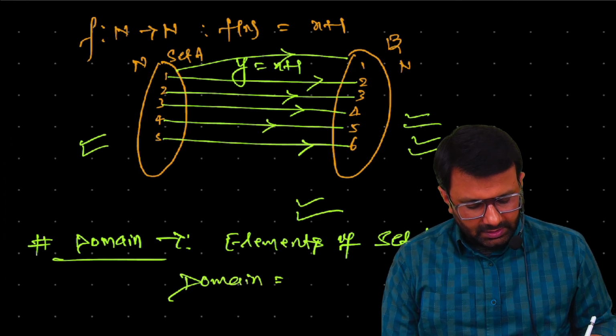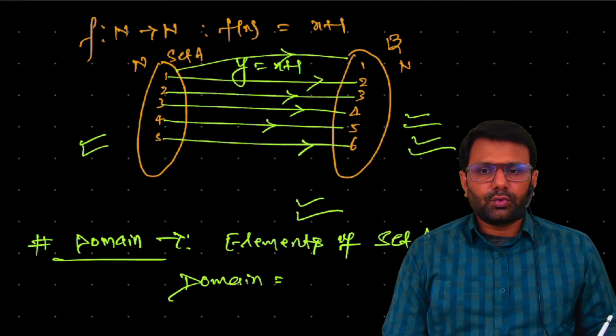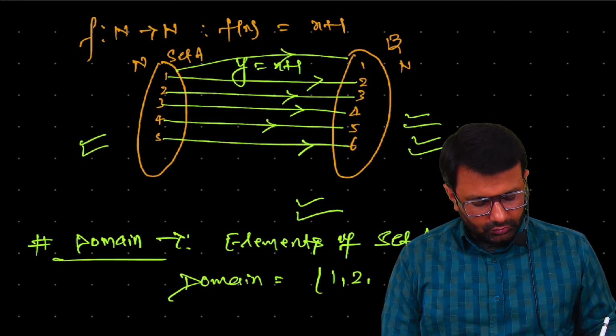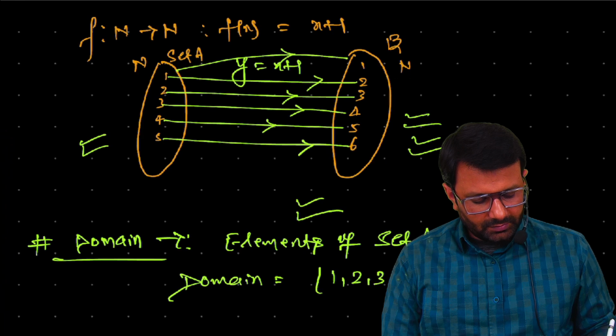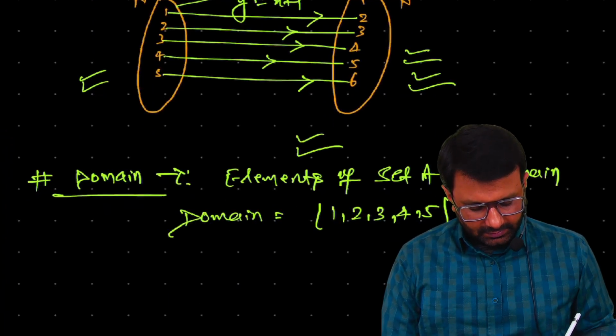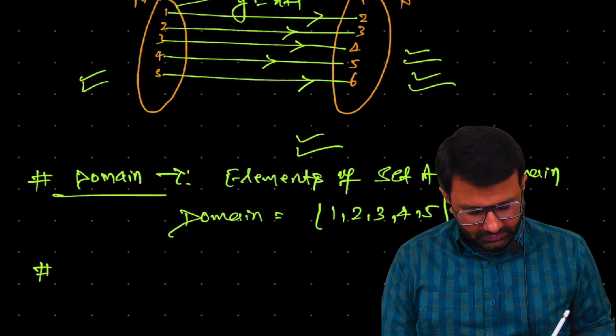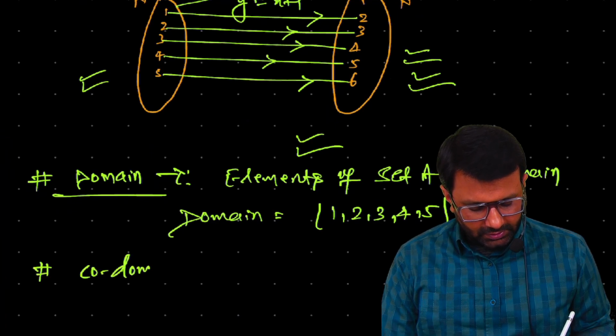So domain is equal to 1 2 3 4 5. So what is range here? Sorry, first write here codomain. So what is codomain?